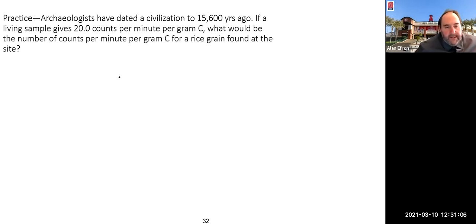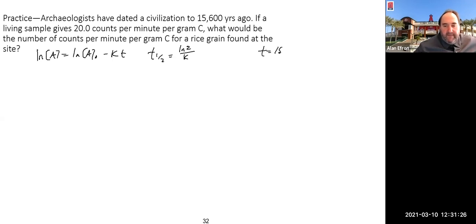Okay, let's take a look here. Same approach. We're going to use our two equations here. In this case, they definitely give us time, which is 15,600 years. We have a living sample. So living would probably be initial there, which is 20 counts per minute per gram of carbon.